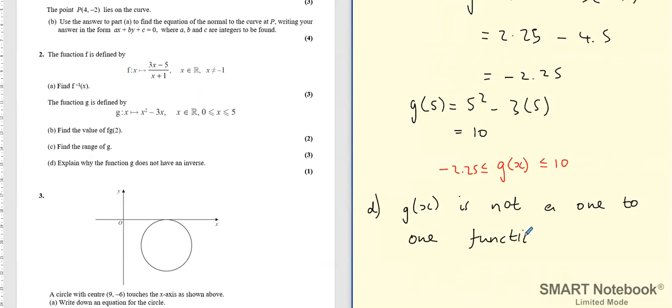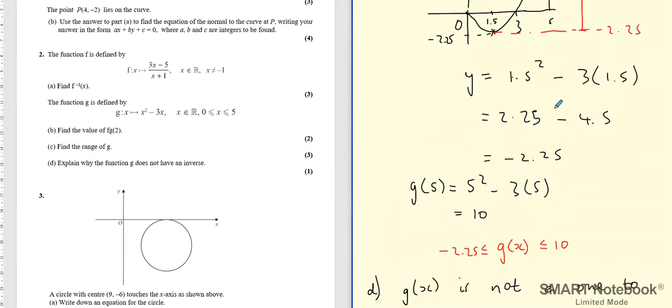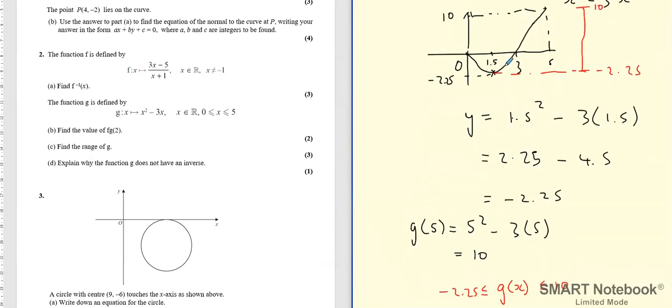If we look at the graph, there are multiple x values that have the same y value. For example, if I pick this and I pick this, they would both have the same y value. And that means it is not a one-to-one function.